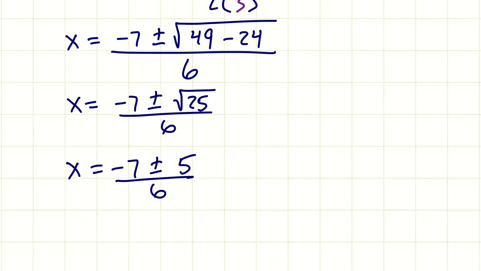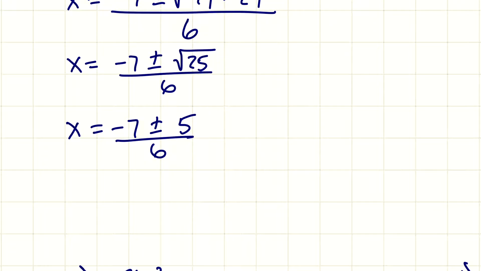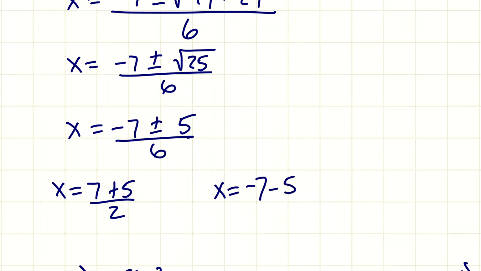All right, so we're going to have two possible answers. X equals negative 7 plus 5 over 6, and x equals negative 7 minus 5 over 6. Oops, I didn't put a 6 on the bottom.